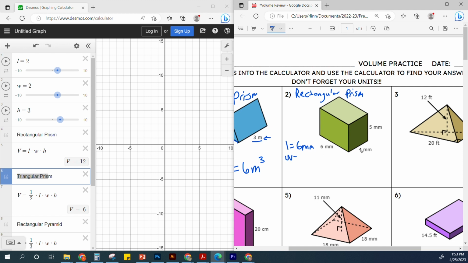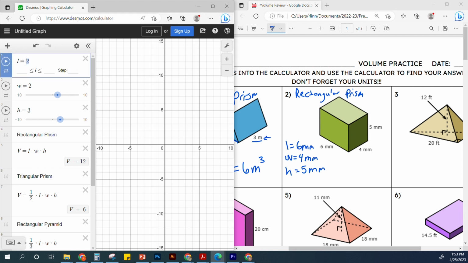My width is equal to 4 millimeters. And my height is 5 millimeters. So now we can go back to our graphing calculator and let's just go ahead and change these numbers. Length is equal to 6, width is equal to 4, and height is equal to 5.